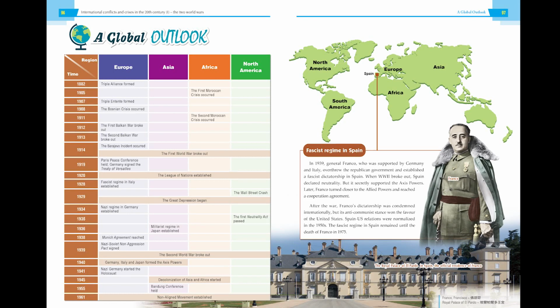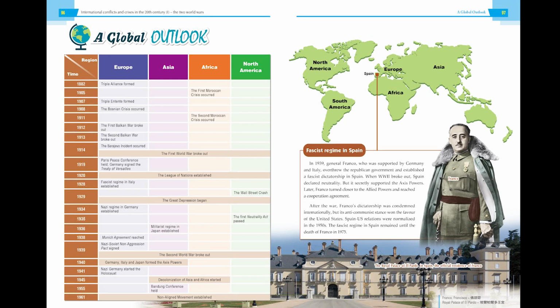Nazi regime in Germany established. 1935. The first Neutrality Act passed. 1936. Militarist regime in Japan established. 1938. Munich Agreement reached. 1939. Nazi-Soviet Non-Aggression Pact signed. And the Second World War broke out.